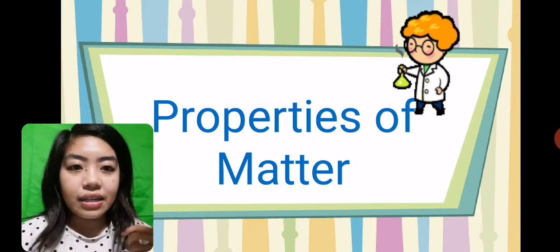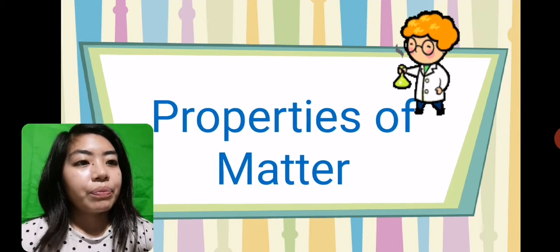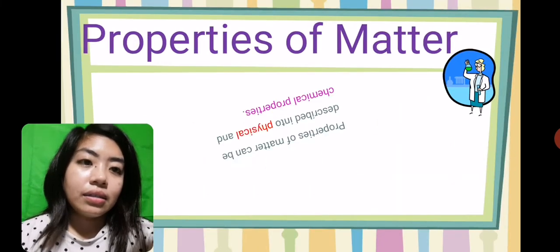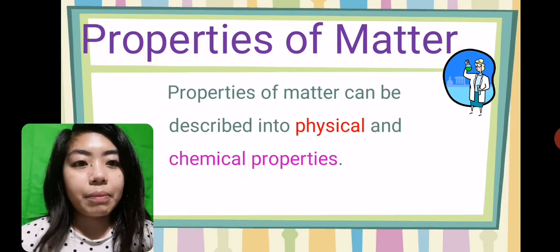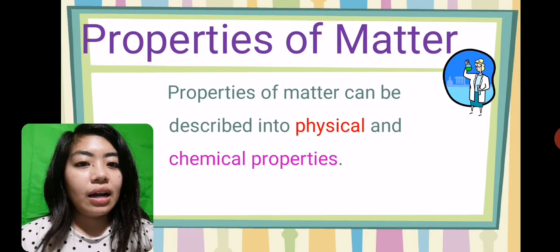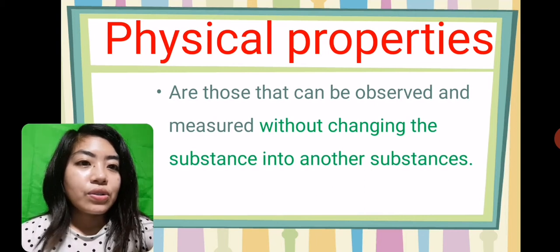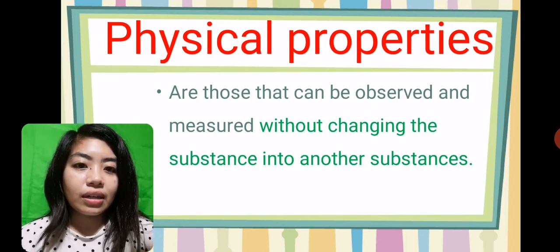Okay, next is proceed na tayo with the properties of matter. So, properties of matter, it can be described into physical and chemical properties. So, ika-classify natin siya sa dalawa. So, pag sinabi nating physical properties, those that are observed and measured without changing the substance into another substance.